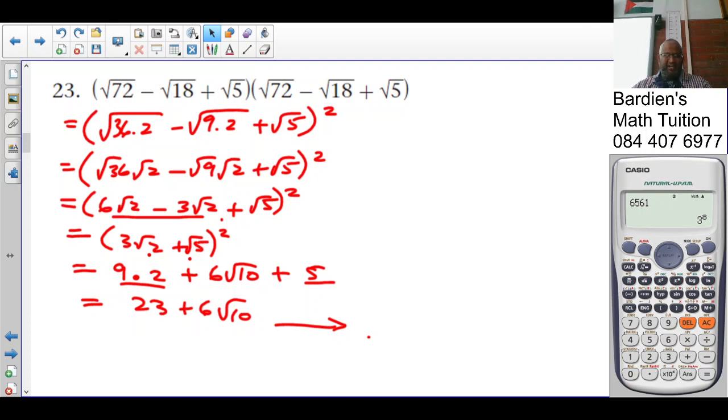That now brings us to rationalizing the denominator. That's on page 19.